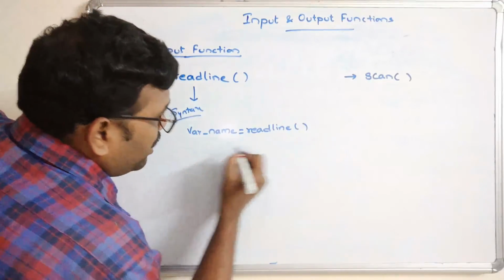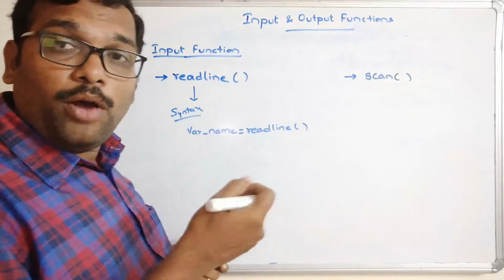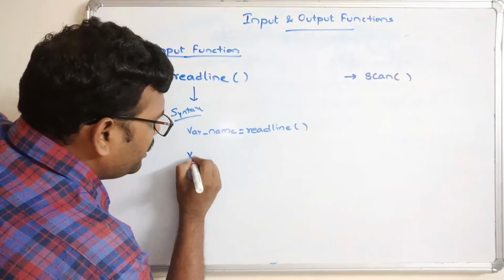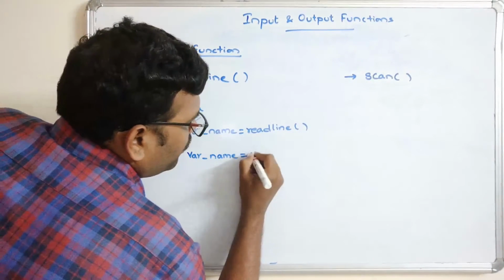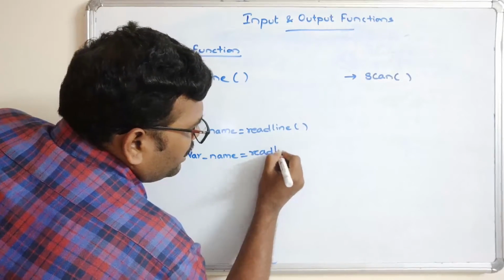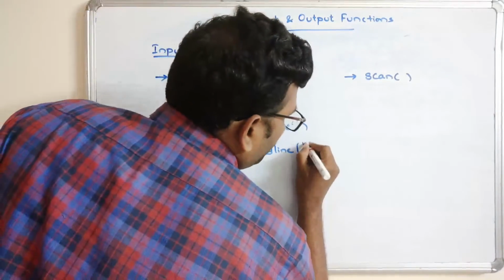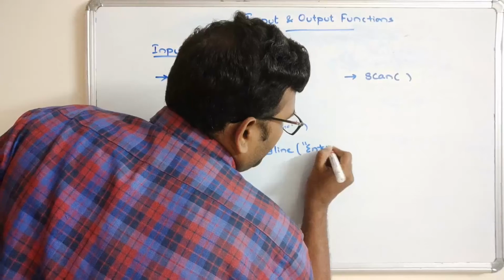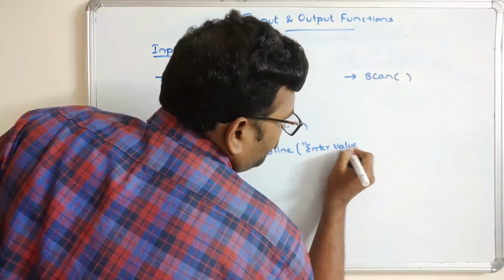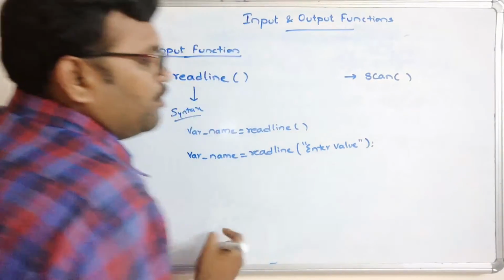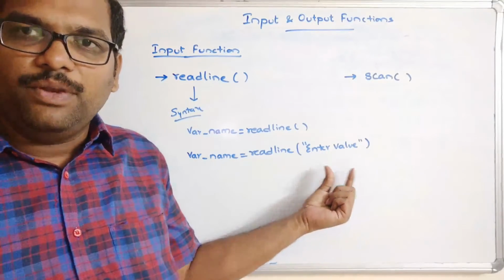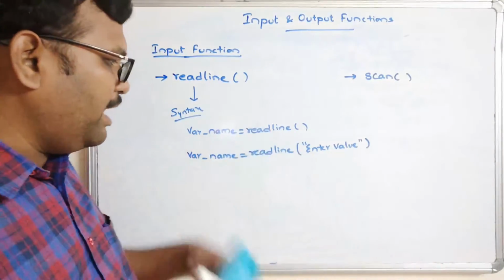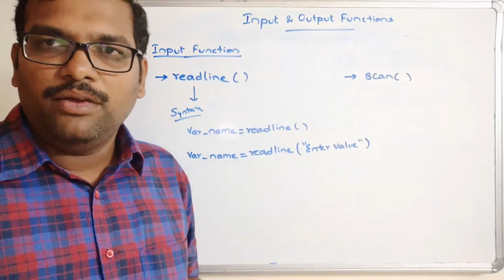And one more, we can also give a prompt, like this: variable name is equal to readline, and here you give a prompt, like enter value. First this string constant will be displayed on the screen and then it will prompt for the value, right?